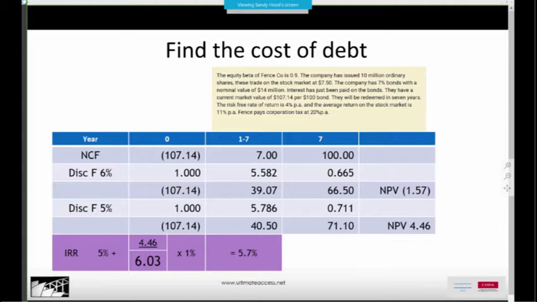Putting it into the internal rate of return formula, 5% plus 4.46 divided by the difference between the two, multiplied by the 1% difference between the two discount rates, gives me 5.7%. So the cost of debt at Fence is 5.7%.